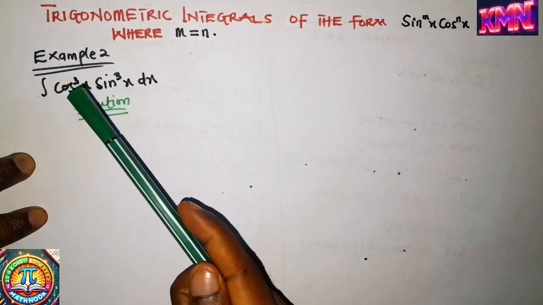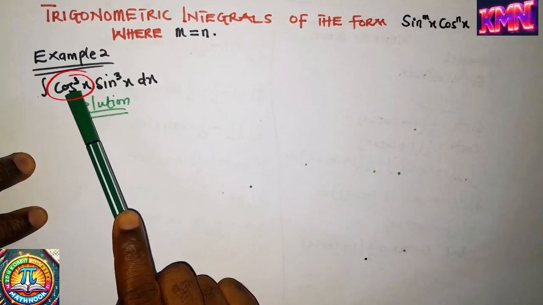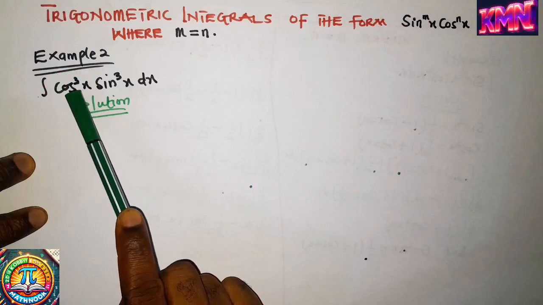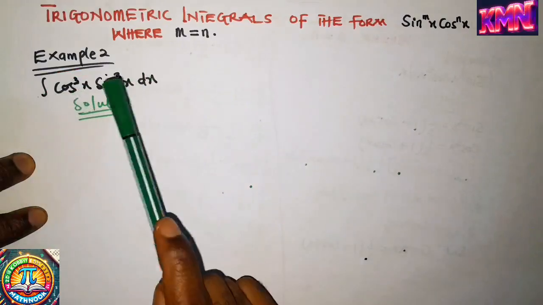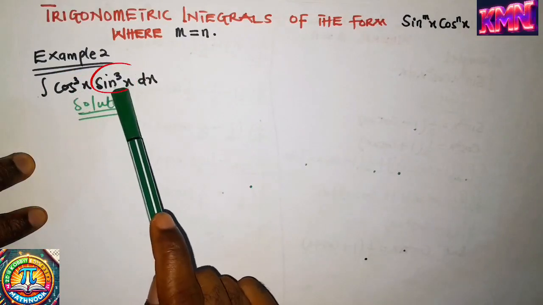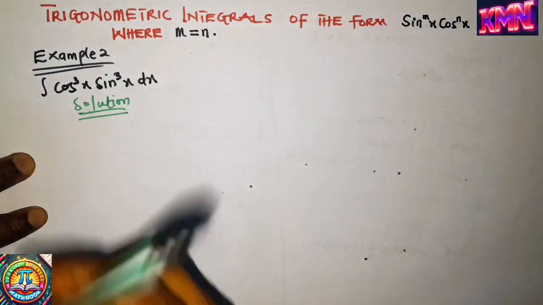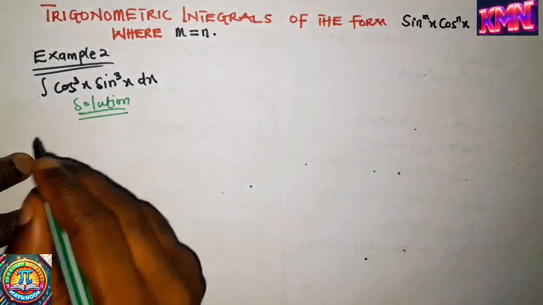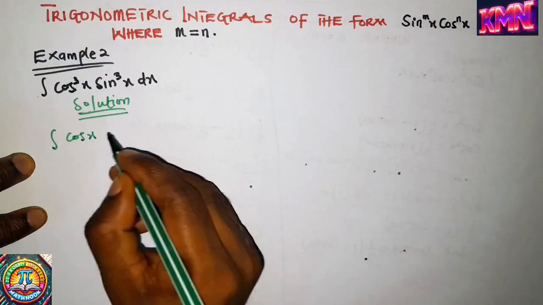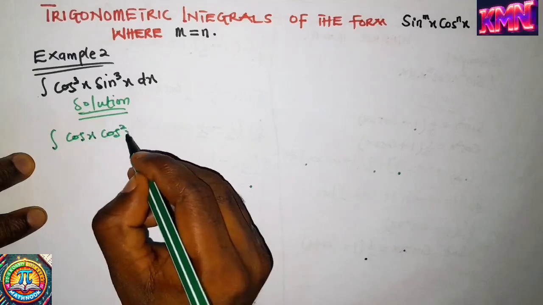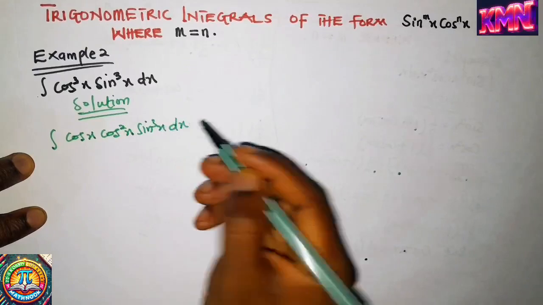One of the ways is to split one factor of the cosine so that you can introduce the Pythagorean identity of cosine into it, or you split one factor of the sine and introduce the Pythagorean identity into it. Either way will work. So let's split the cosine. We're going to have integral of cosine x, cosine squared x, sine cube x dx.